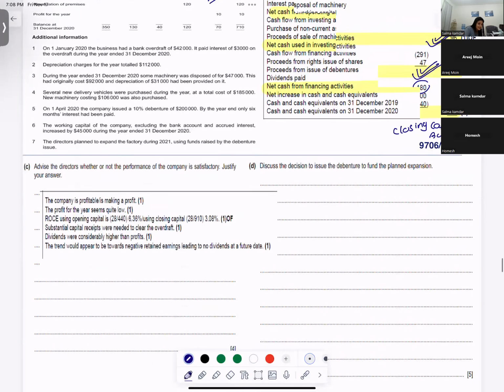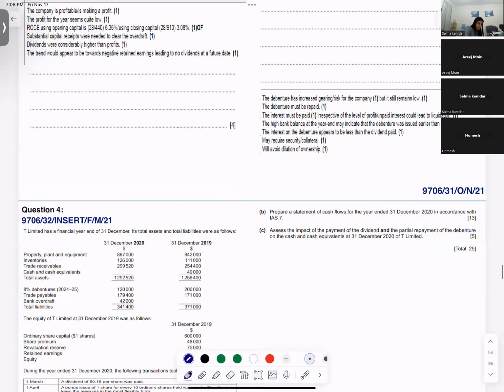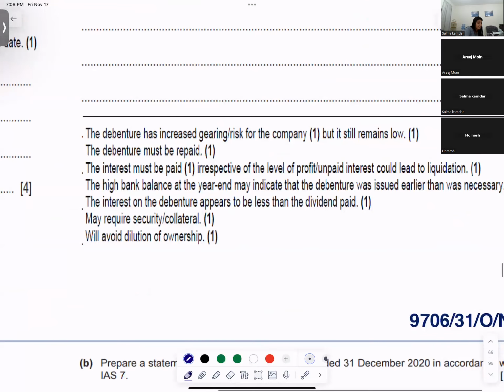When you are issuing debentures, your loan capital is becoming more and your own capital is becoming less. When your loan capital is more and own capital is less, that means you are at high risk.